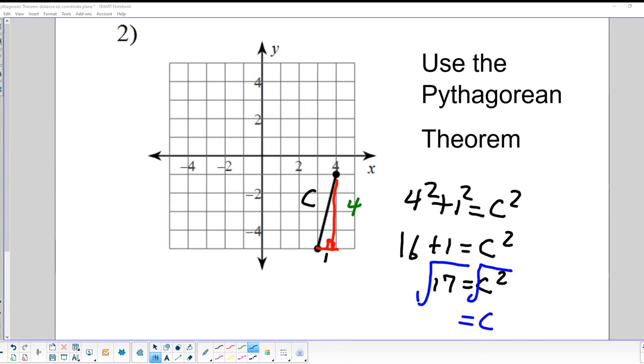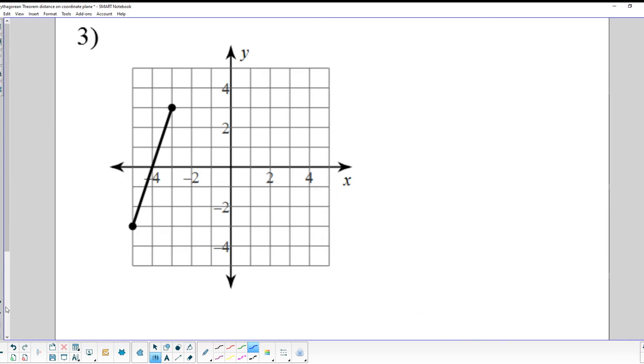But if we go ahead and find out what the square root of 17 actually is, that would be about 4.12, if we rounded it to the nearest hundredth in this case. So there's how you would find that distance right there. We're just basically using the Pythagorean theorem over and over again. Okay, 1 or 2 more, and I think we'll be ready to go.